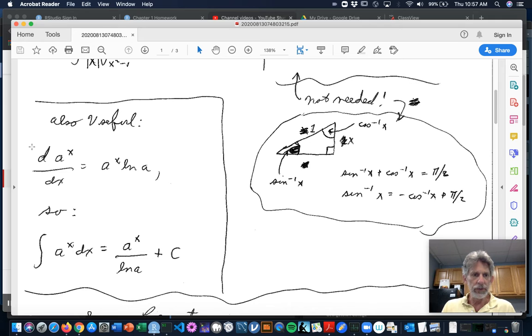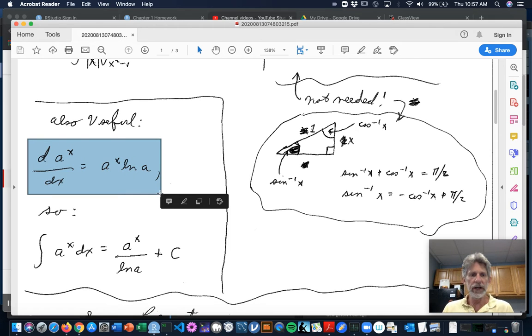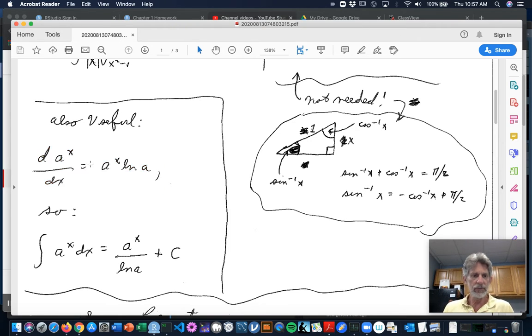Another thing that's also useful, back in Calc 1, you learned how to take the derivative of any fixed base a to a variable power x. So an exponential with an arbitrary base instead of the usual base of e. And the derivative was a to the x times the log of a. Same thing times log of the base.